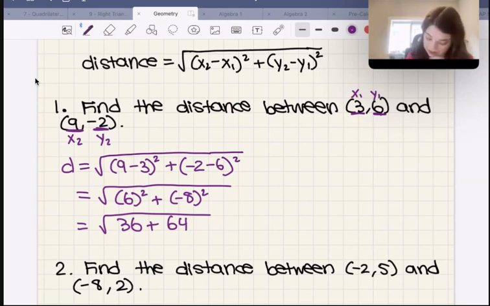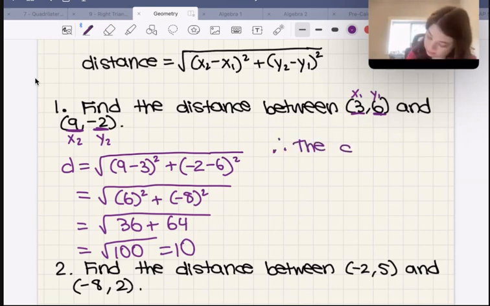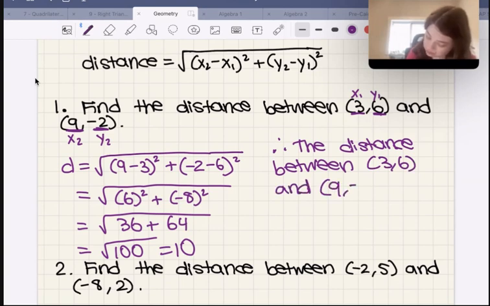And then if I add this up, I'm going to get square root of 100, and that is equal to 10. So therefore, the distance between these 2 points, 3 comma 6 and 9 negative 2, is 10.